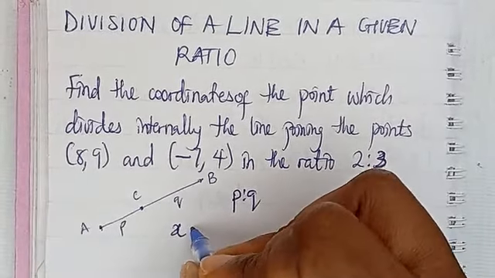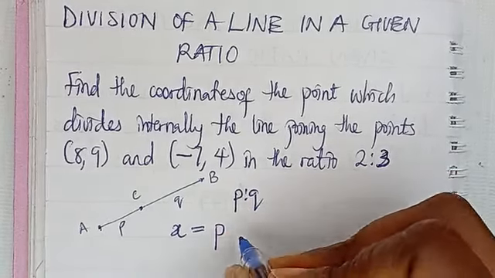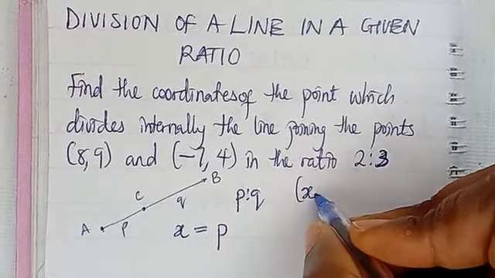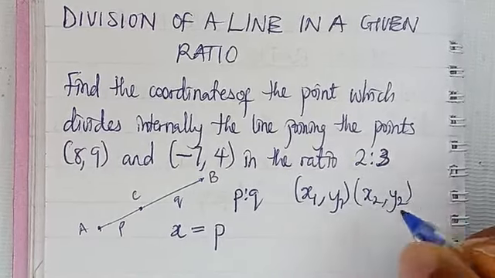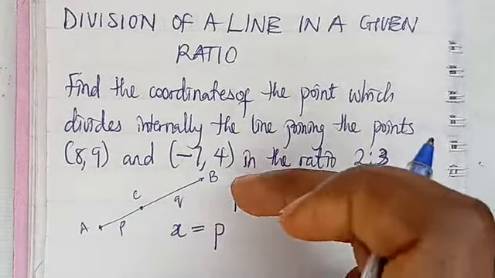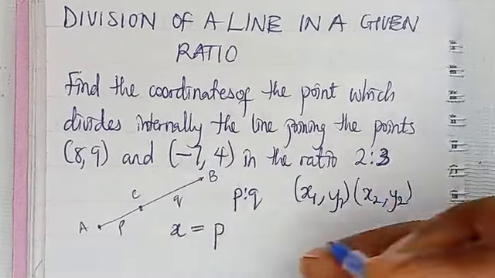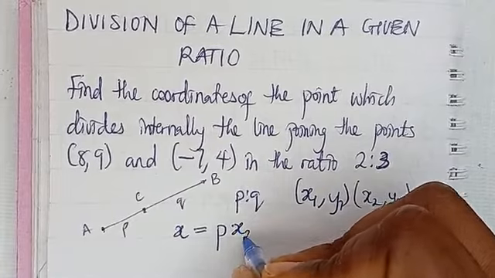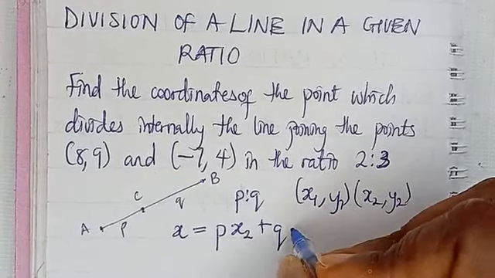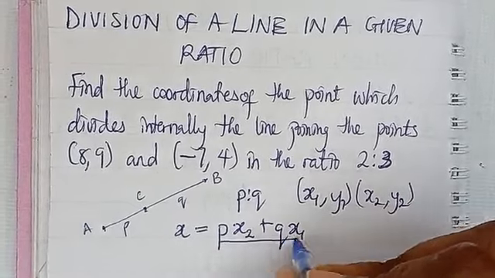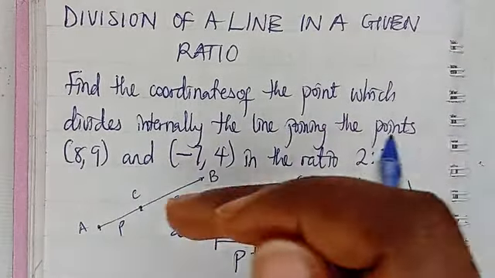The x coordinate will be given by P multiplied by x2 plus the other part of the ratio Q multiplied by x1, over P plus Q. This is what will give us the exact x coordinate for that point.